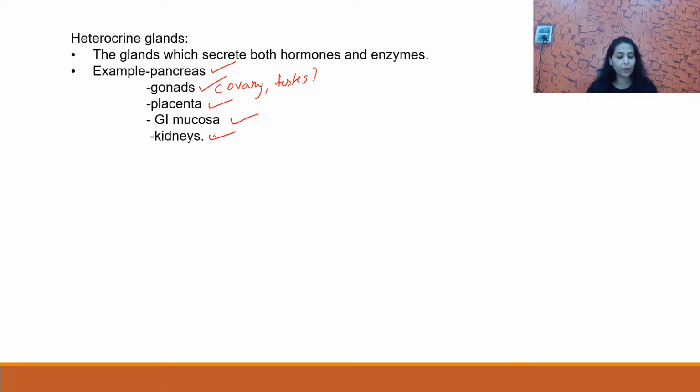They are heterocrine glands because they are able to produce both hormones and enzymes. They are the ones which are heterocrine. Shall we move ahead?